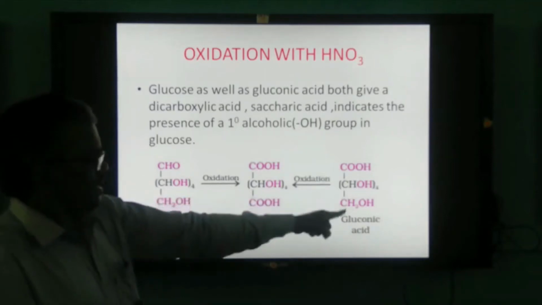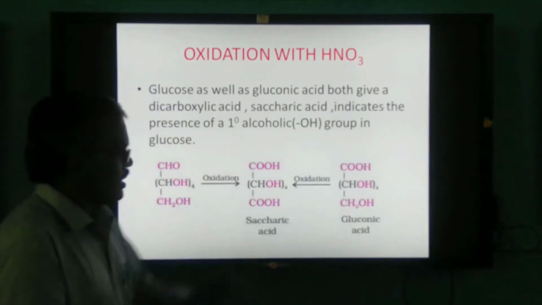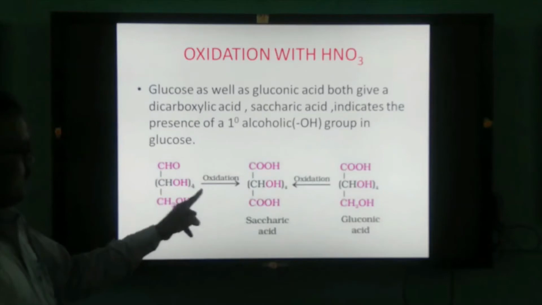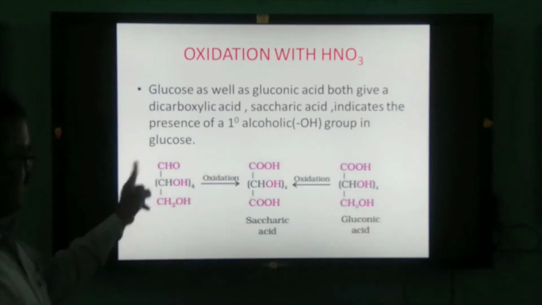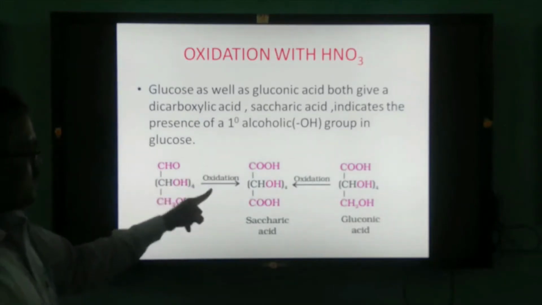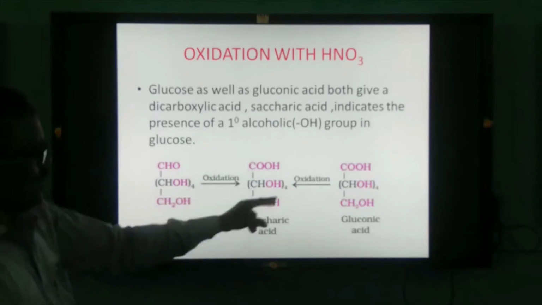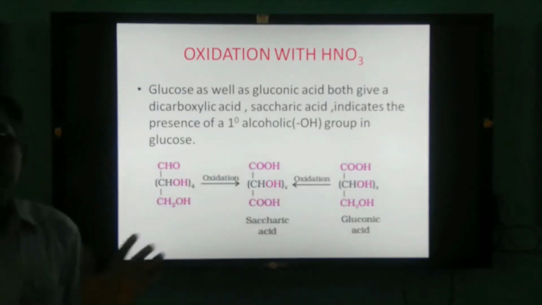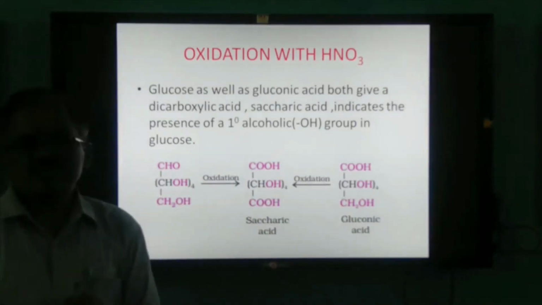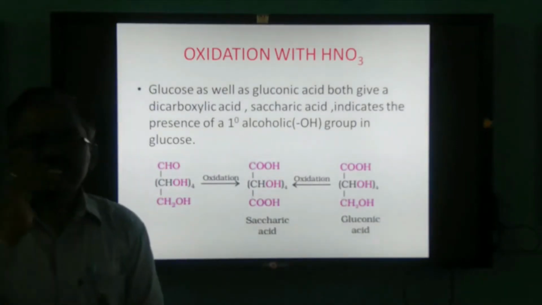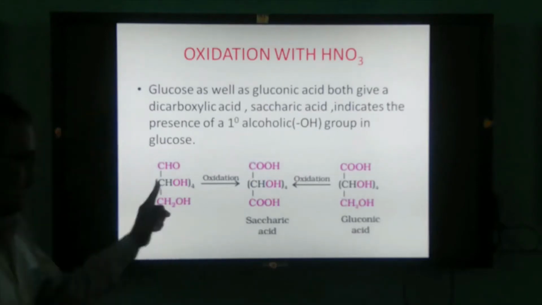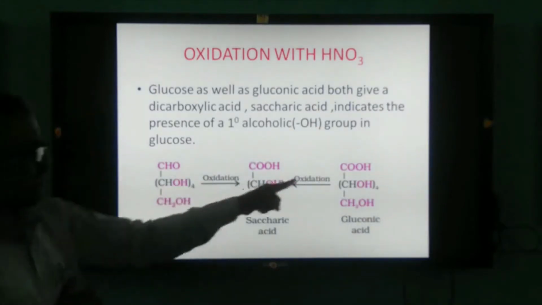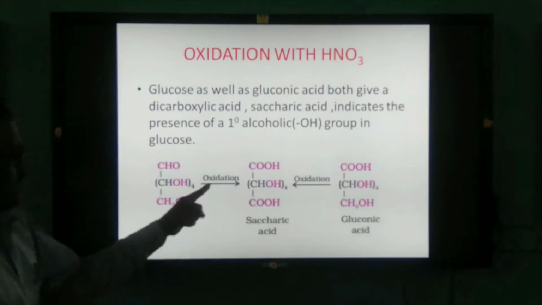But glucose directly on oxidation with HNO3, as well as gluconic acid, will give saccharic acid. That means nitric acid is a strong oxidizing agent.